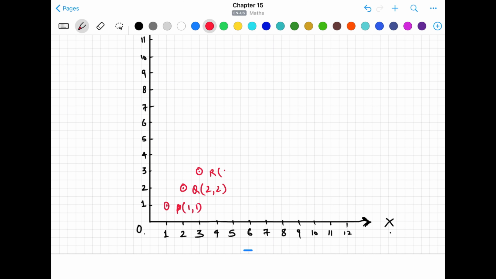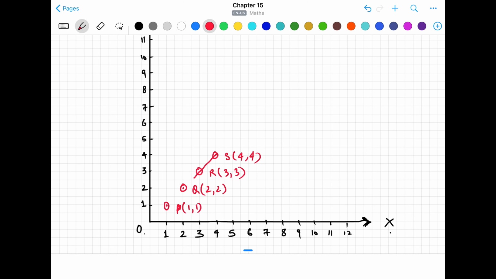That's our point R, having x 3 and y 3. And fourth point is S, which is x 4 and y 4. This is our point S. So that's the location of all 4 points. Now we'll join all these points and check if they are lying on a straight line. Let's join them.